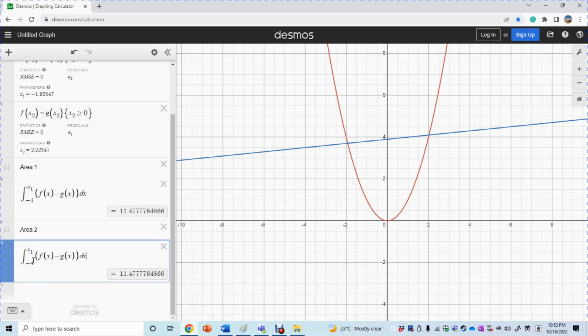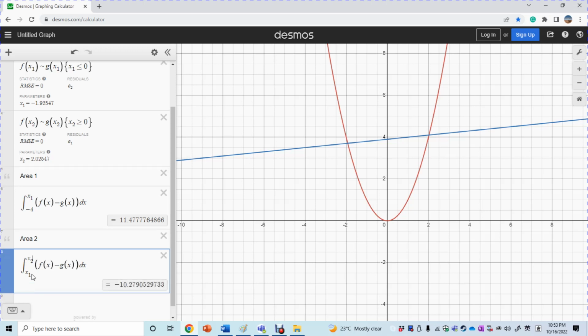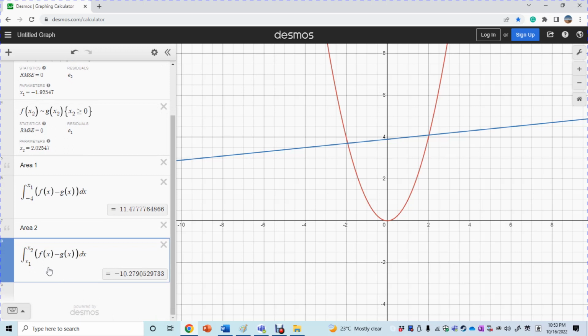This time, what I'm going to do is x1 to x2. That should be in the region of the second, the beta value. That's the second area, from x1 to x2.